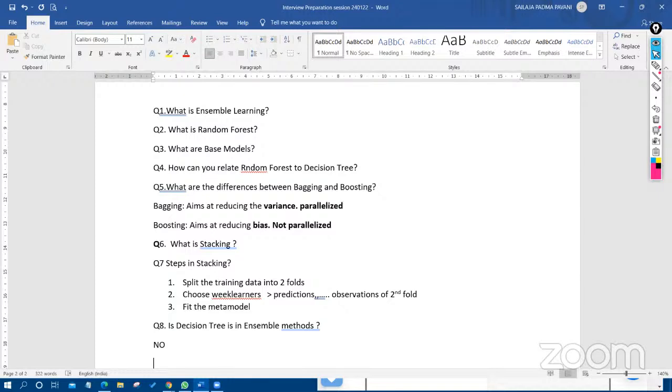Then my simple question is, based on what I have explained till now. My next question is 9. Give an example for a sequential ensemble method.